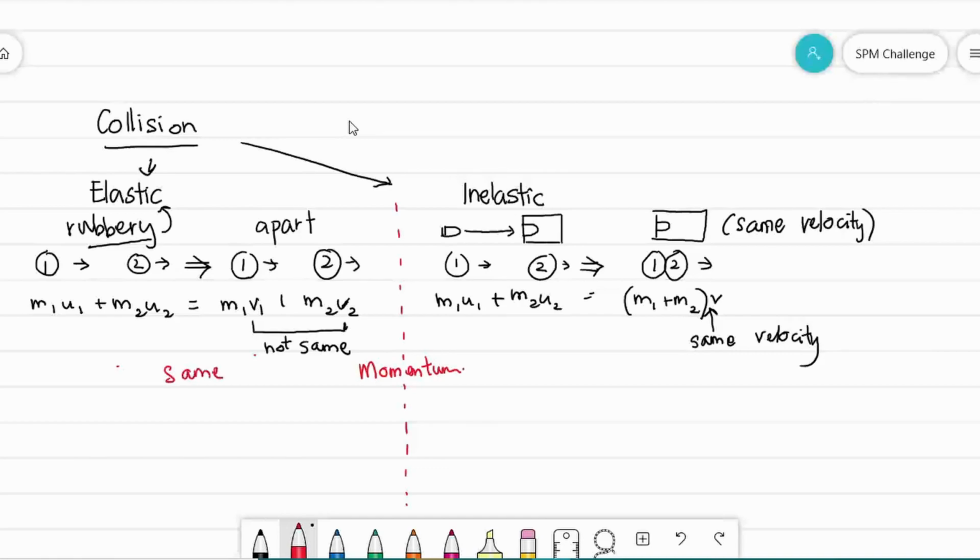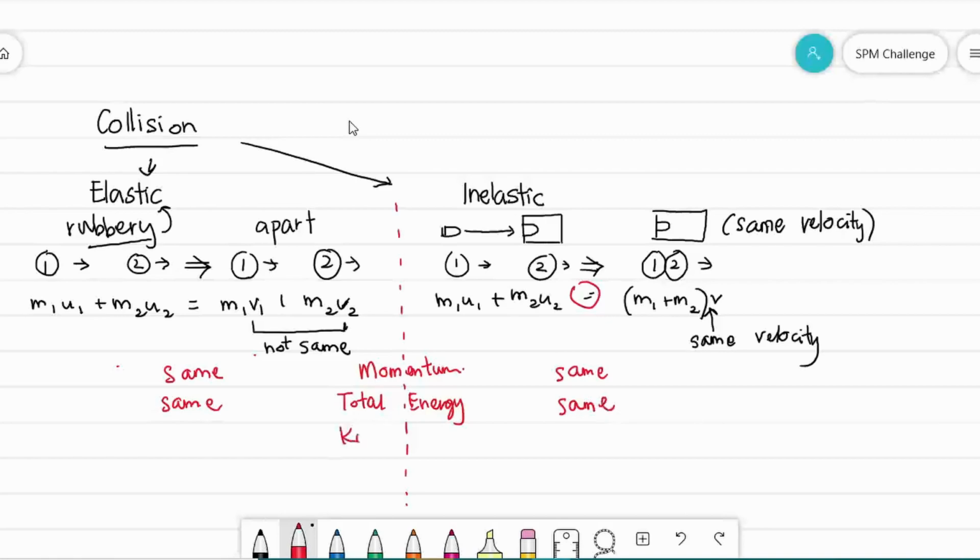In inelastic, the before and after is the same also. Number 2 will be the total energy. Before and after, the same. Due to what? Due to the conservation of energy.